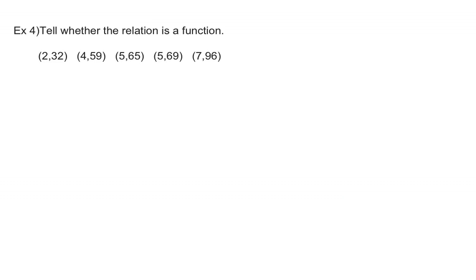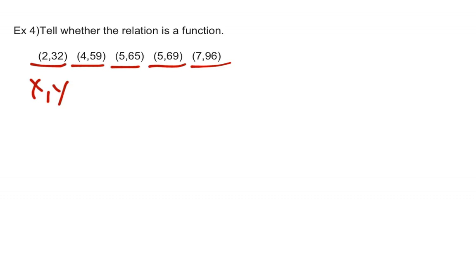Okay, final thing. Tell whether the relation is a function. Again, these are relations because we're relating two numbers to each other. Now remember our definition of a function. If you remember, way back on page 1, a function is when a given number from one set is matched with exactly one number from a second set. So we're relating our x's and our y's.